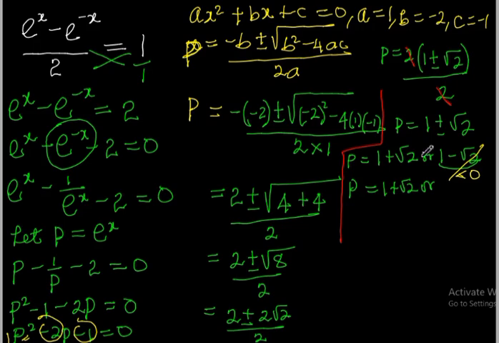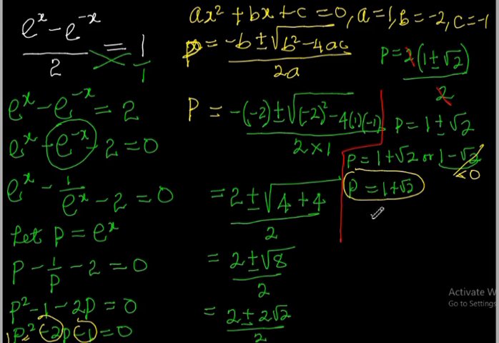It's invalid because for real numbers, e to the power x cannot be less than 0, if x must be a real number. So in that case, we are taking this as our only solution.